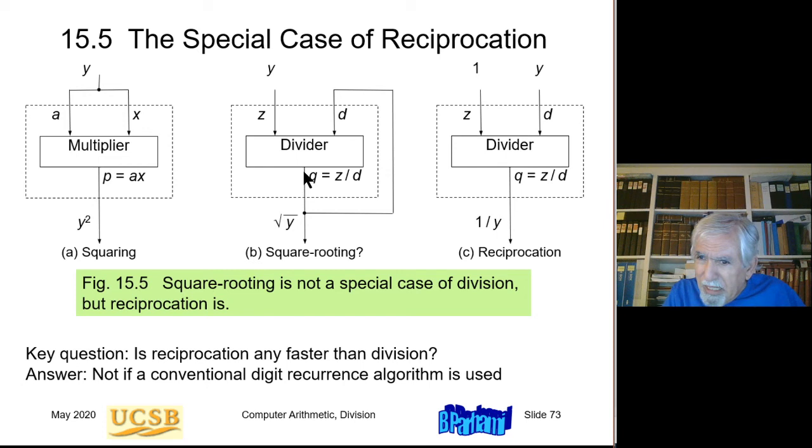So this gives me an idea. What if I connect this output to this input and let signals settle into some final steady state? Therefore, if I input y at that point, I get square root of y because these two things are equal. I force them to become equal.